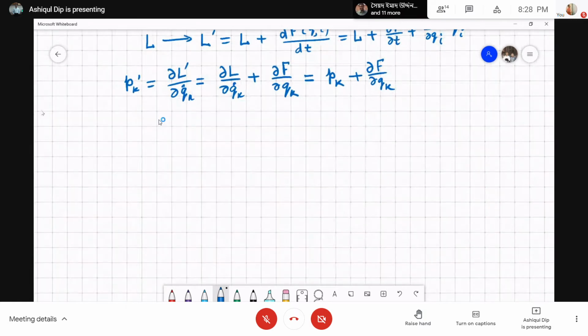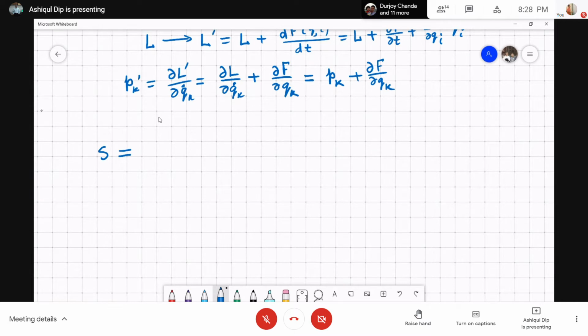Okay, so let's start with Hamilton's principle. Hamilton's principle says that a particle follows the trajectory on which the action is minimized. What was the definition of action?